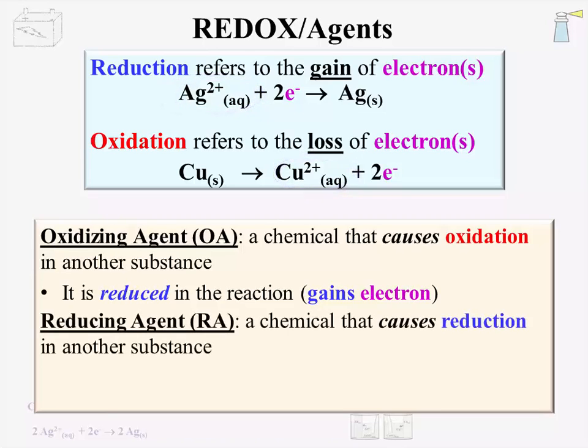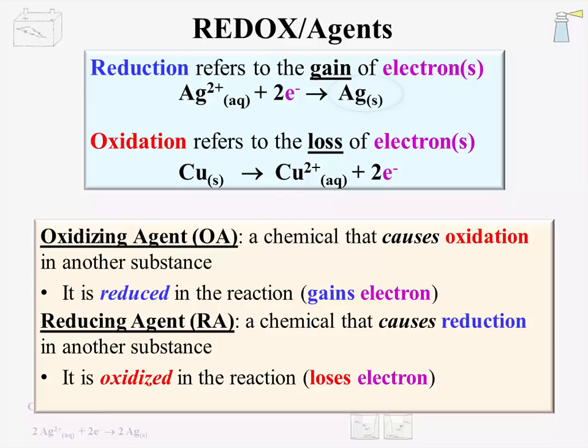The other side of the coin is the reducing agent. It is the chemical that causes reduction in another substance. RIG, reduction is gain. Reducing agents cause gain by being oxidized in the reaction. Oxidized is loss. The elemental forms of the metals silver and copper are reducing agents.